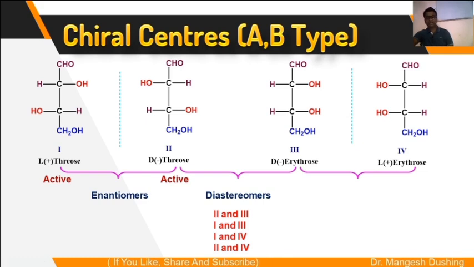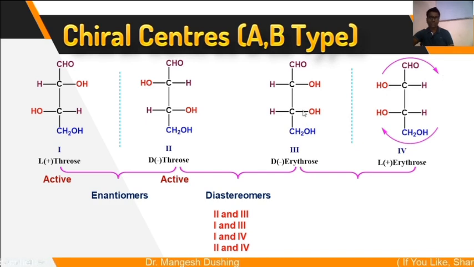Are those superimposable? If you try to superimpose them, they are not superimposable mirror images. The stereoisomers which are non-superimposable mirror images are called enantiomers. If you try to rotate by 180 degrees and superimpose, this compound is still not superimposable with the other.